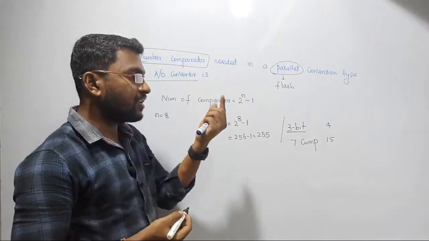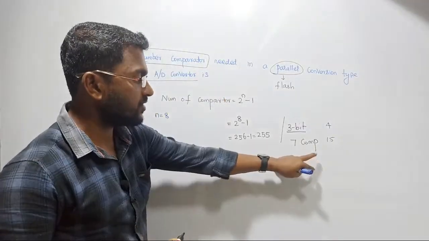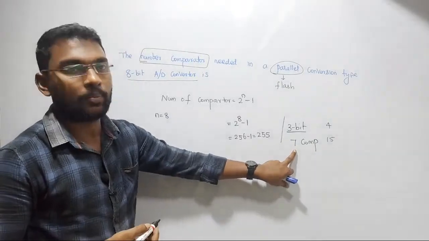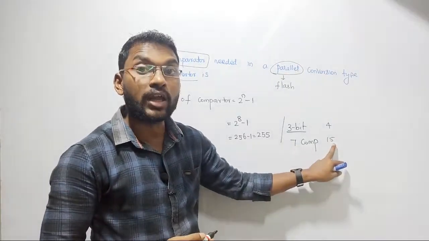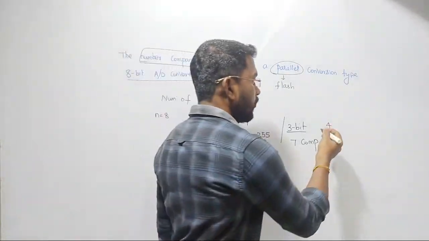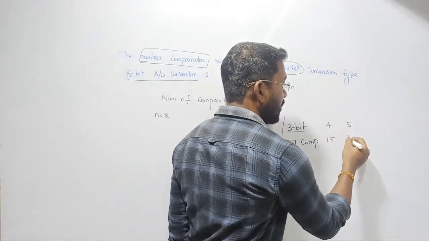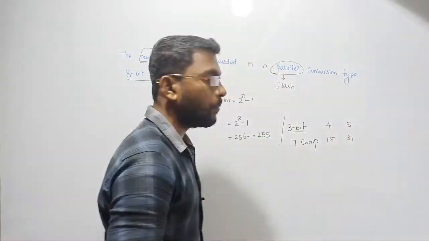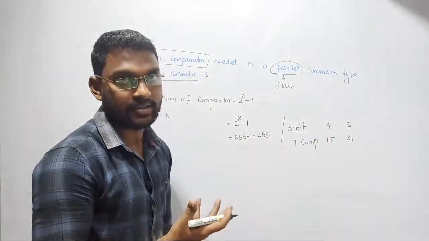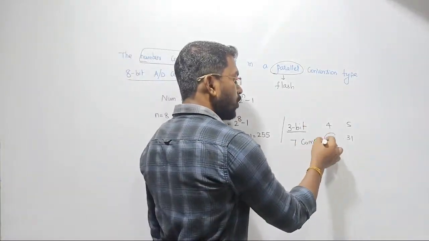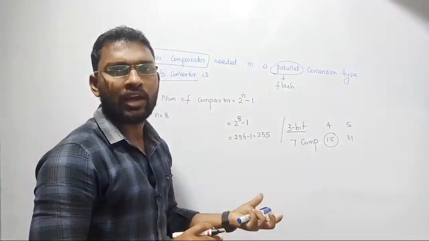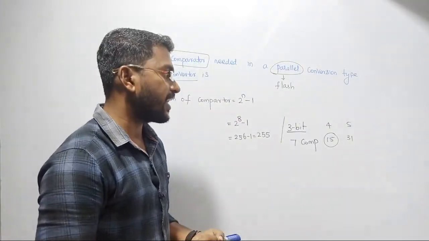Just by increasing 1 bit, see the difference: here only 7 comparators, but here 15. Again if I raise it, 32 minus 1, that is 31 comparators are required to design 5 bits. So the conclusion is that designing the circuit will become highly complex. We cannot do it.